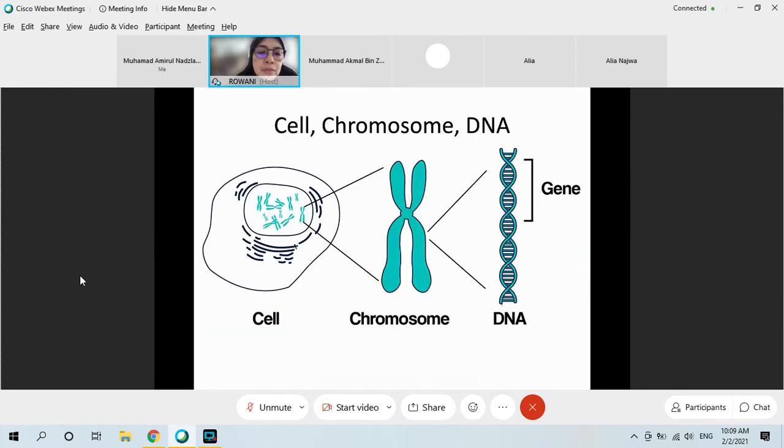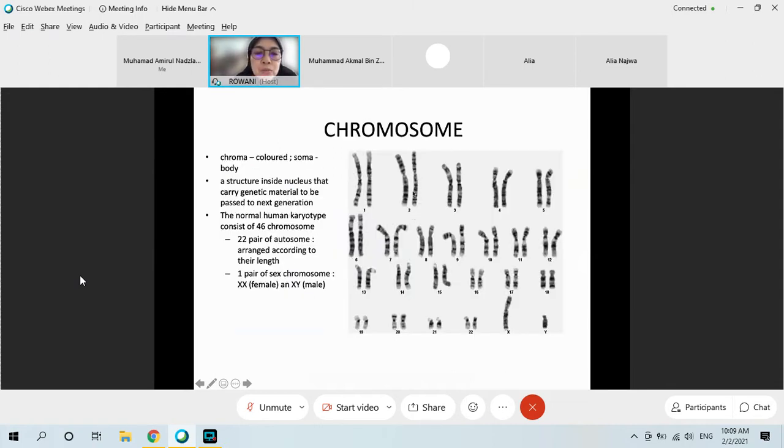Okay, so this is your cell, as I mentioned earlier, your nucleus, and within it there are your chromosomes, and your genes are located on your chromosomes. And this is your chromosome. There are 23 pairs, including your sex chromosomes, and these chromosomes contain the genes.